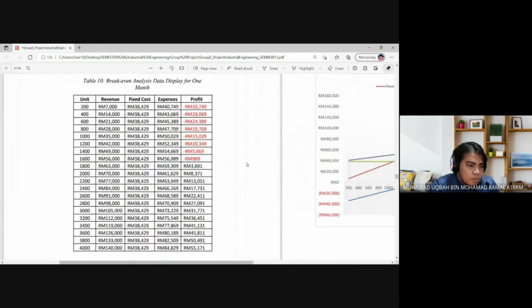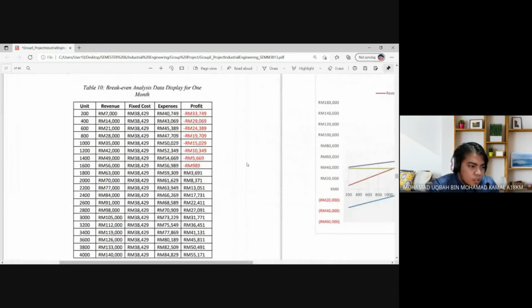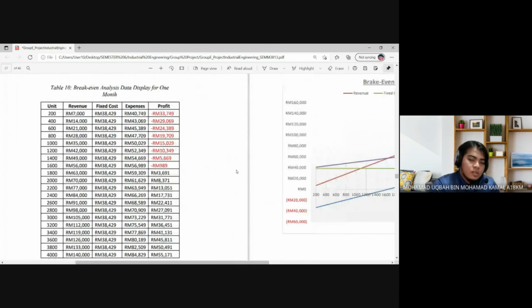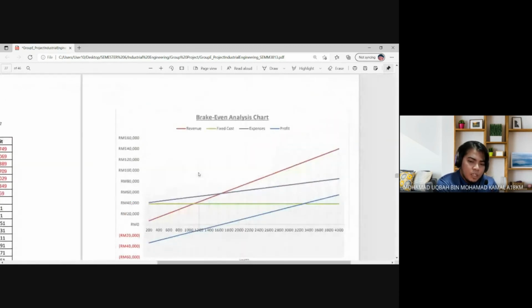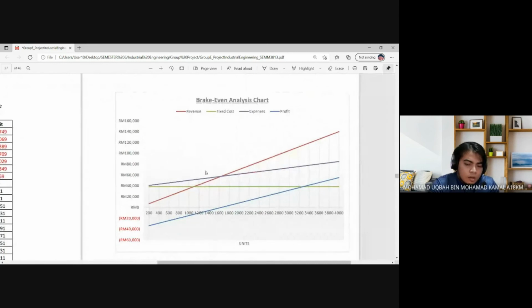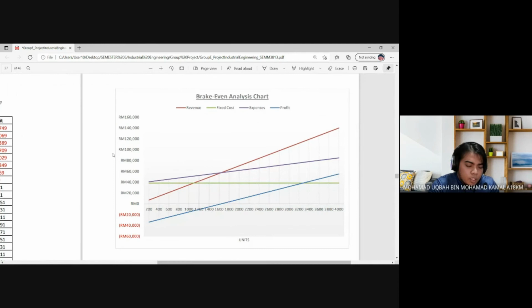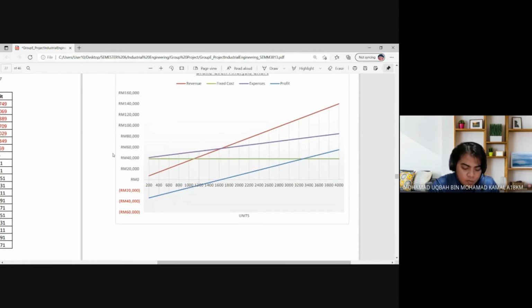We can see that the break-even point is between 1,600 and 1,800, which is 1,643. Based on our capacity of 1,800 units per month, we can get a clean profit of RM3,691 every month. That's all from me.